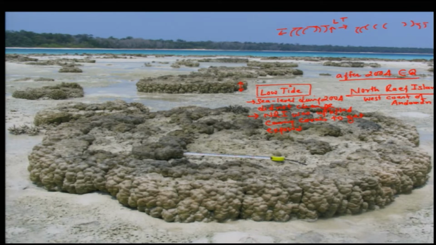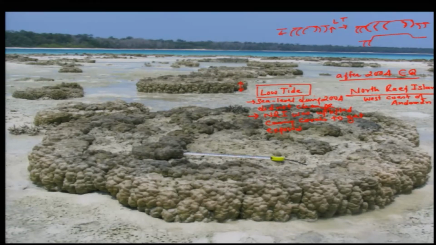So, it will further grow like that, but this portion which got exposed, this one, okay, this will die. Okay. So, if you connect all of this, you will be able to see something like this. Okay. So, the coral shape will be something like that.